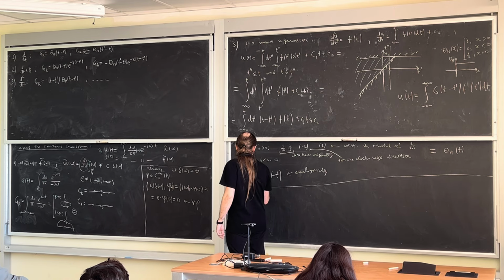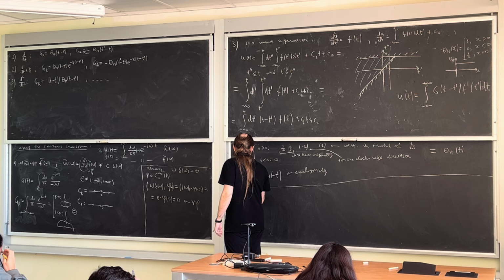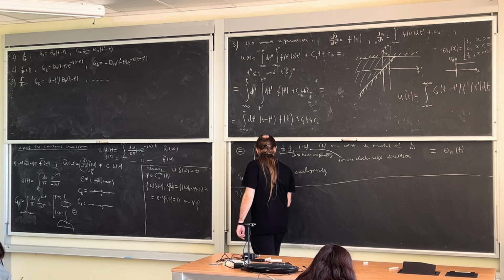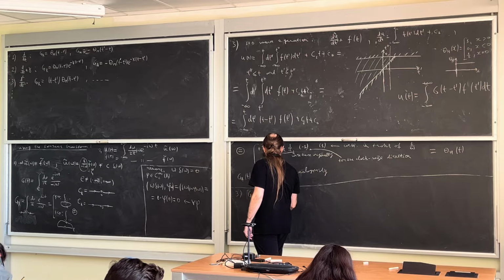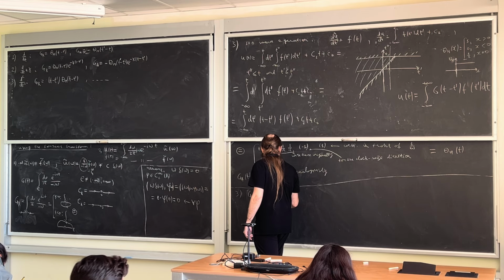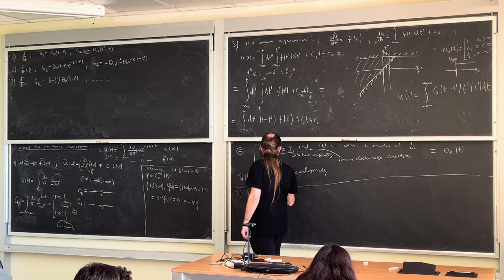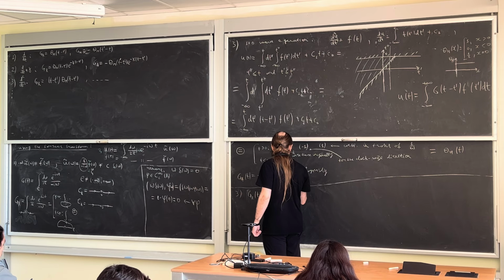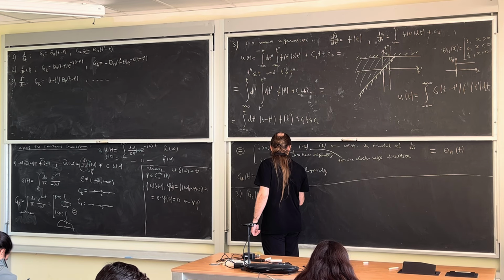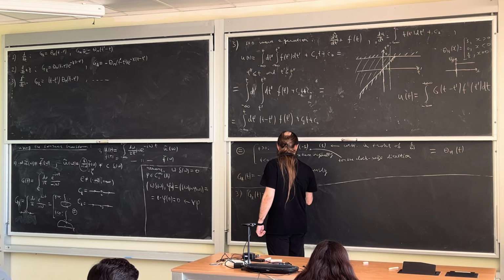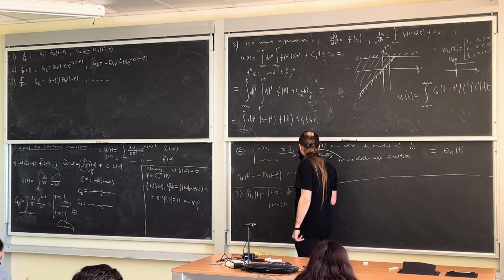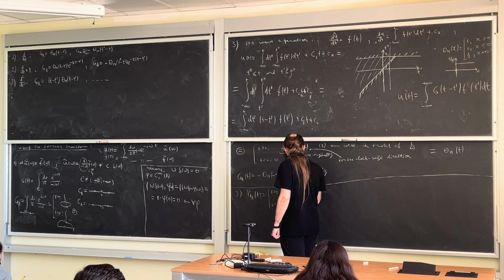So for this right function of t, it is 0 when t is negative. When t is positive, we need to do the same: 1 over 2 pi, minus 1 for the clockwise direction, times 2 pi i.